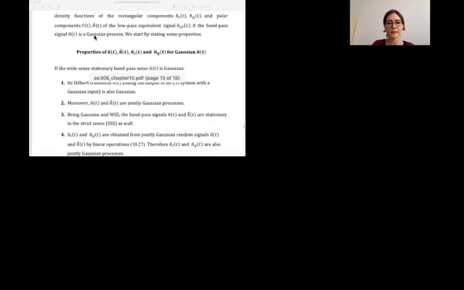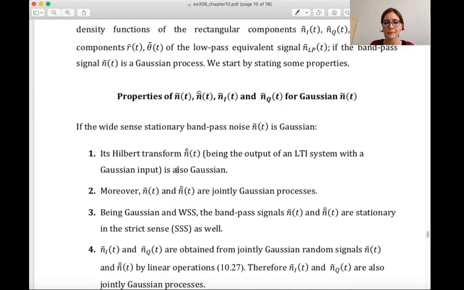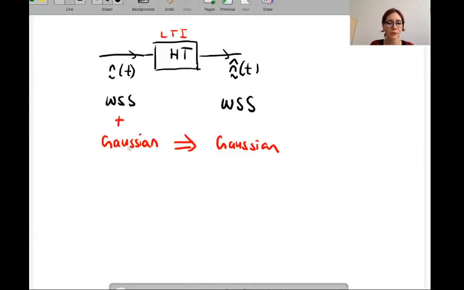This is why, in this first item, the Hilbert transform is also a Gaussian process. And we also proved the second item when we were studying Gaussian processes: if a Gaussian process enters an LTI system, the input and the output Gaussian processes are jointly Gaussian.